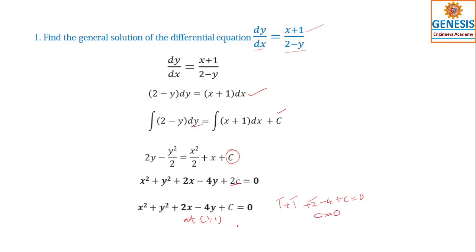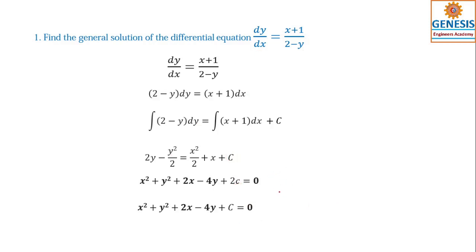Then the particular solution is x square plus y square plus 2x minus 4y is equal to 0. This is a particular solution and the earlier one is the general solution. In this way you must be able to differentiate. The particular solution is the general solution at a particular value.